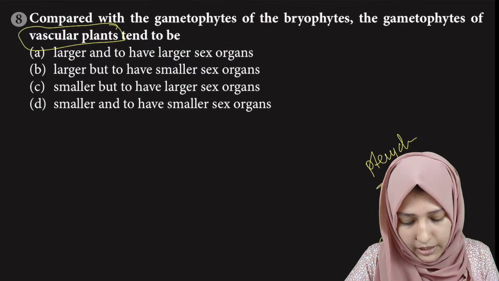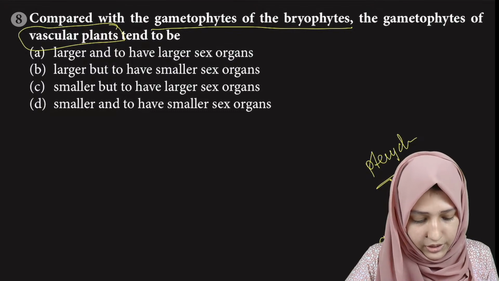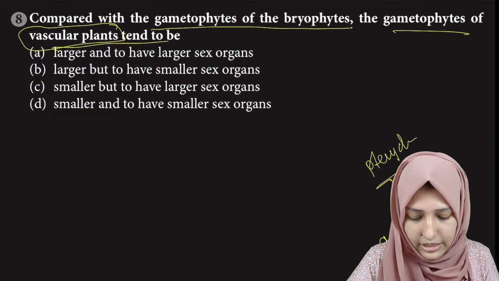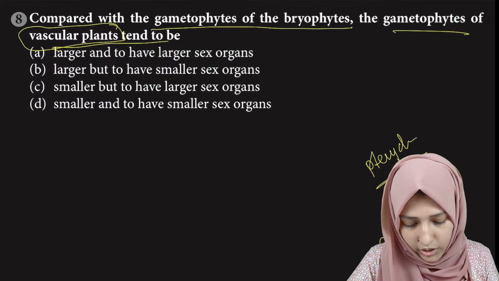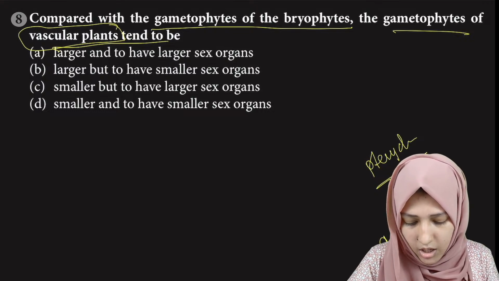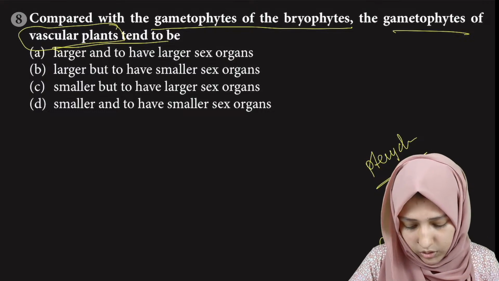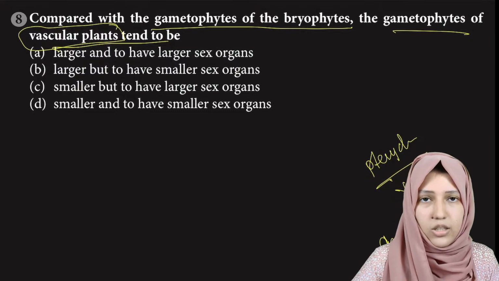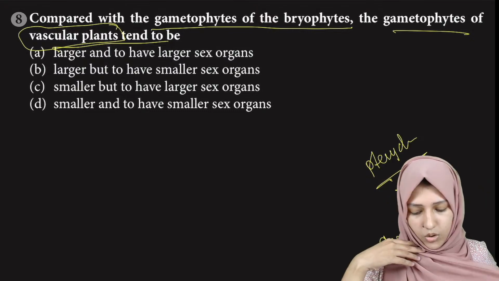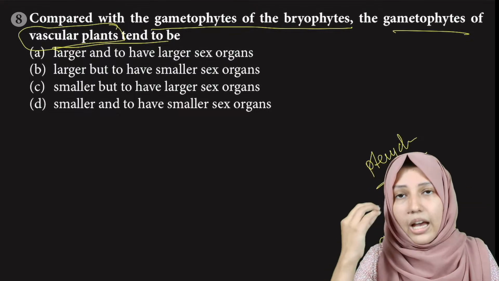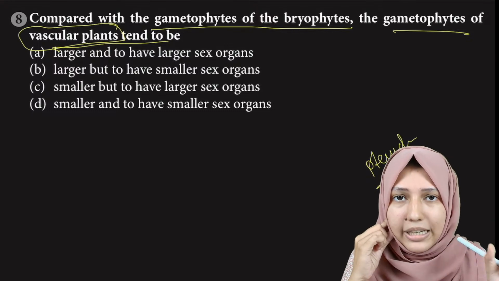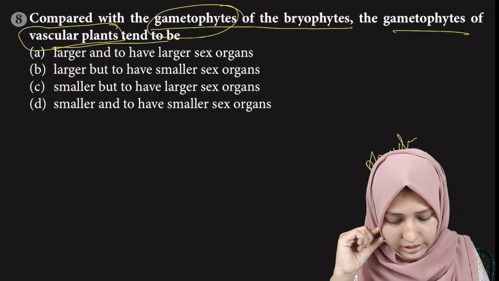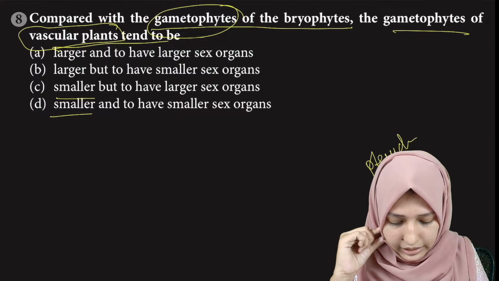Now what is the question? Compared to the gametophytes of Bryophytes, gametophytes of vascular plants tend to be having larger gametophytes and large sex organs, smaller gametophytes but large sex organs, or smaller gametophytes and smaller sex organs. This is the question. So what is the answer? As we studied in Gymnosperms, the gametophytes are highly reduced. So the gametophyte is certainly going to be highly reduced.